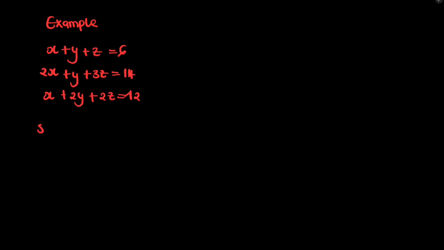So the first step, we need to write them in the matrix form. So from the matrix form, we will know exactly how to solve it. So our A is, we take it according to the way we see it.